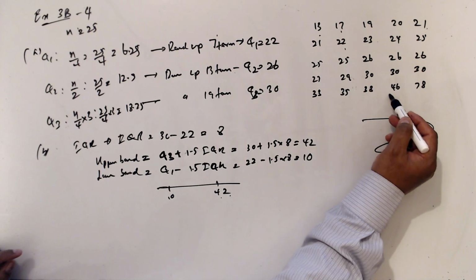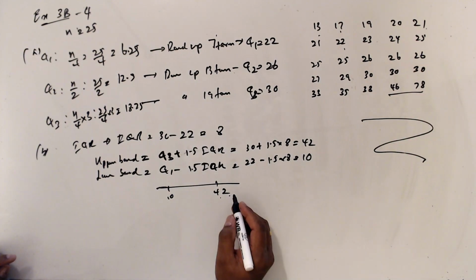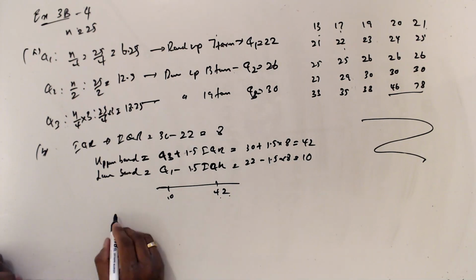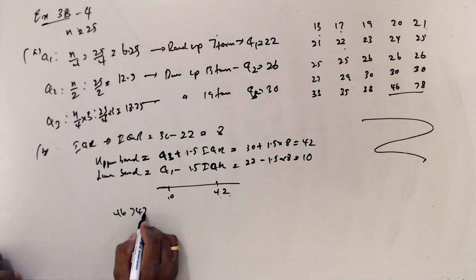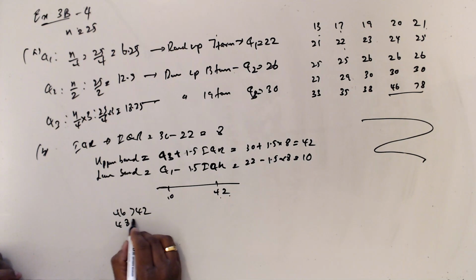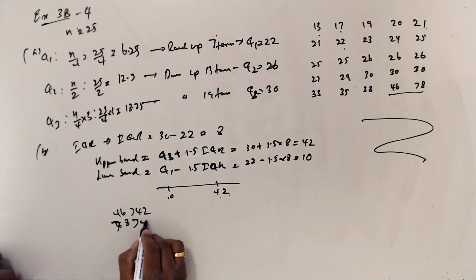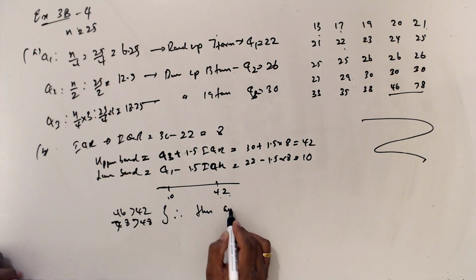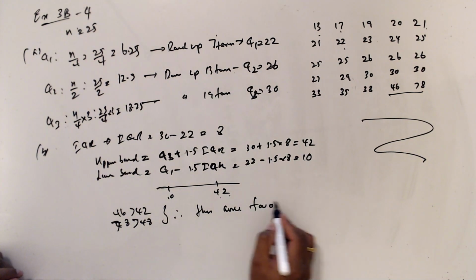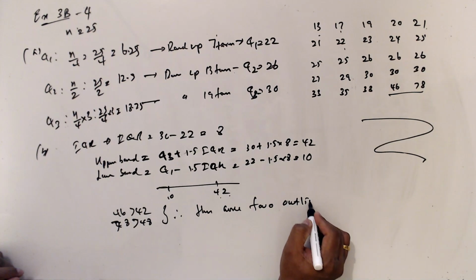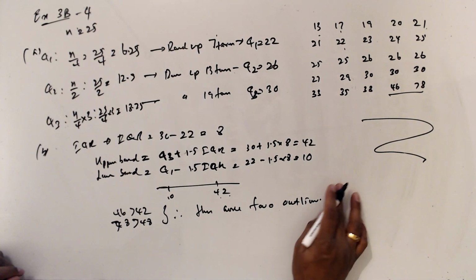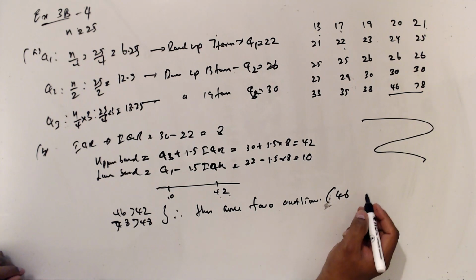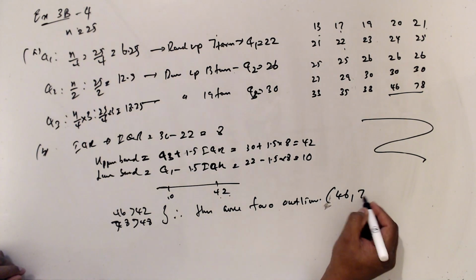There are two outliers I can see, 46 and 78, greater than 42. Hence, they are two outliers: 46 and 78.